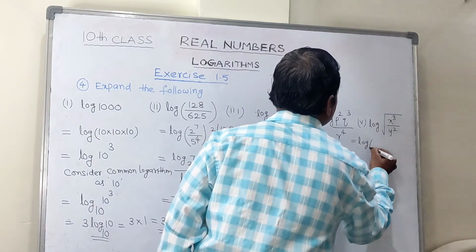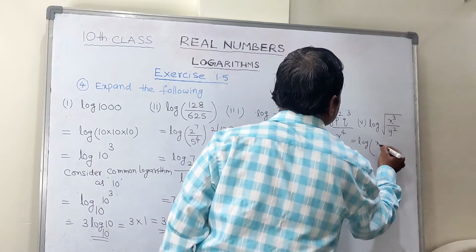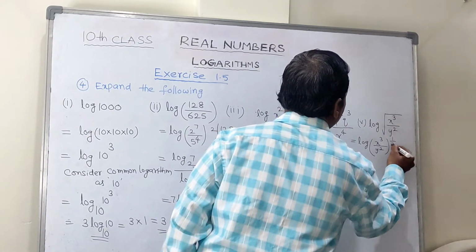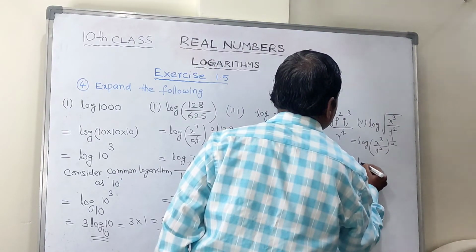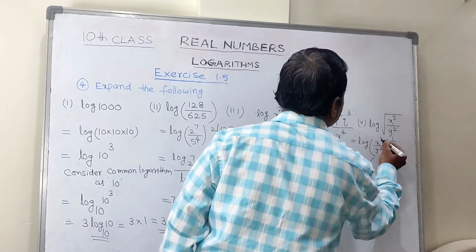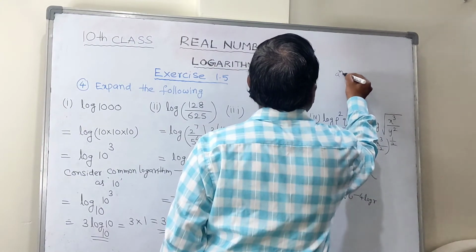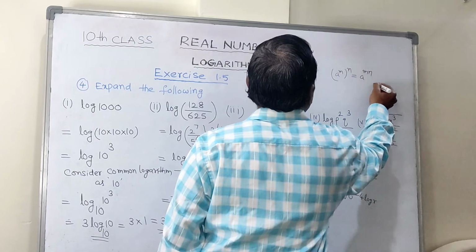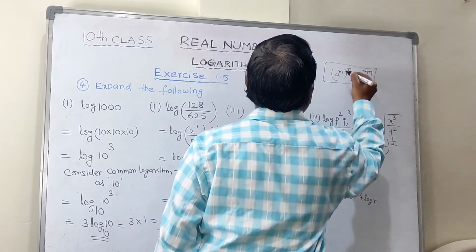First of all, the root is to be removed. Instead of root, exponent we get 1 by 2. Now it is there in the form of a power m whole to the power of n. Formula a to the power of m into n means these two powers are to be multiplied.